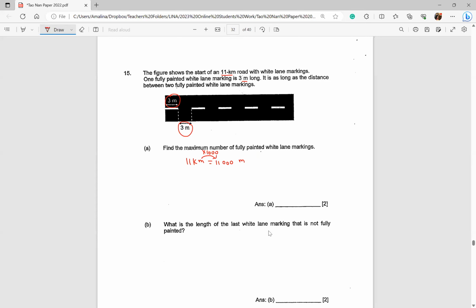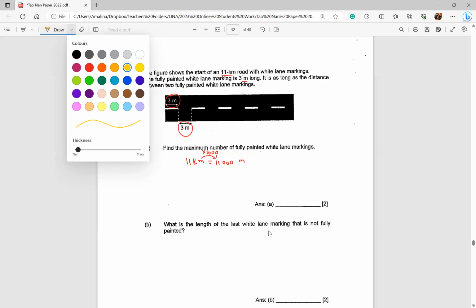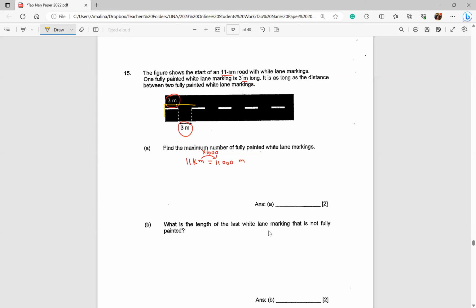Now let's group your one white marking and your interval as one group. Okay, so let's group this way. This is my one group.